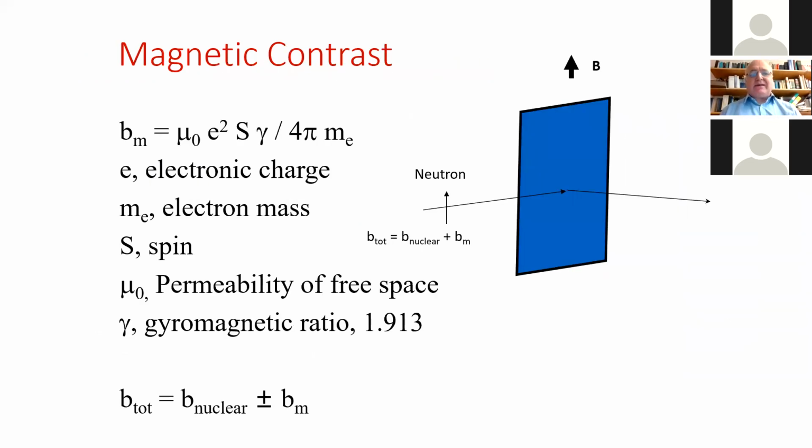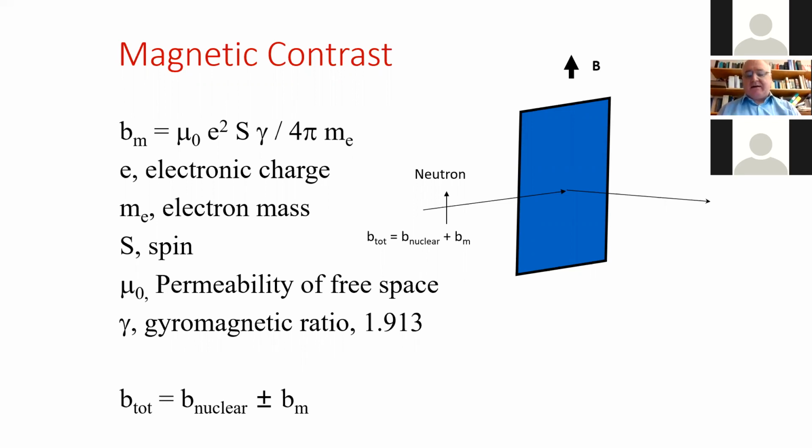I would just like to say one other thing about this, that the magnetic contrast that's been mentioned is actually very useful. It's a fairly small change. You can consider it as a change in the scattering length for a nucleus. It will depend on the field as to how this is observed.